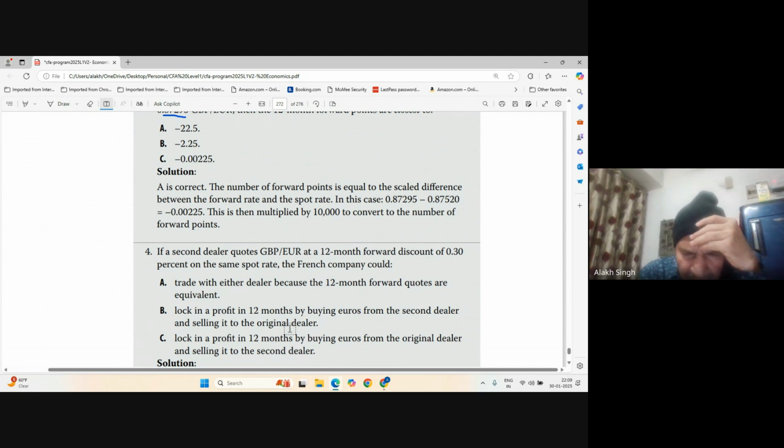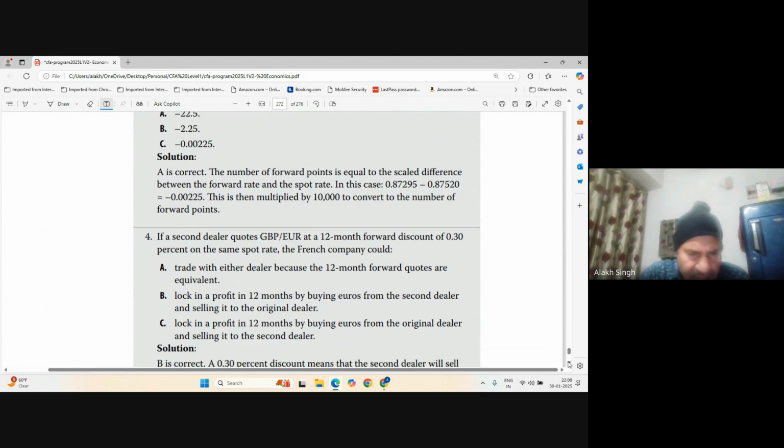The second dealer is giving more discount, so we buy the cheaper euros and sell to the expensive one. So B should be the answer. Do you agree? B is the answer, no? Yeah.